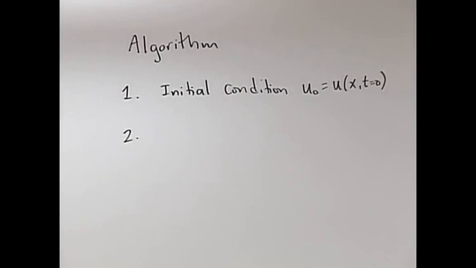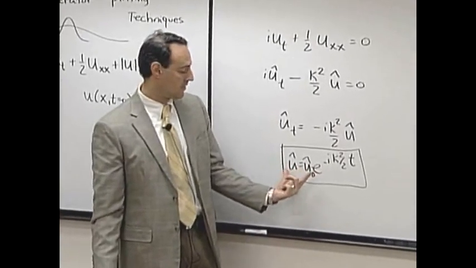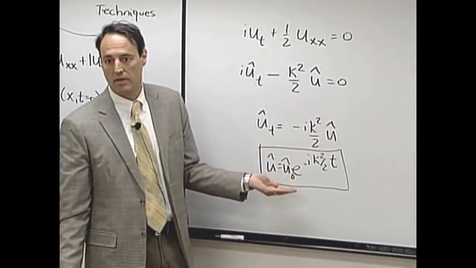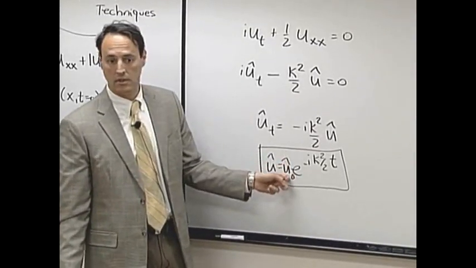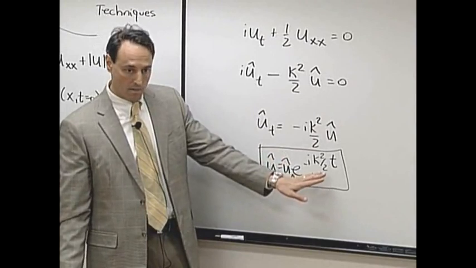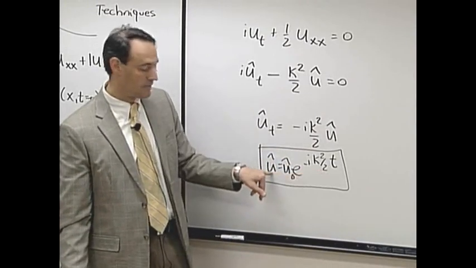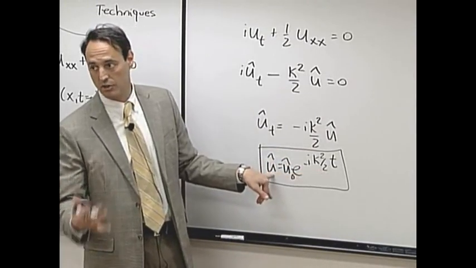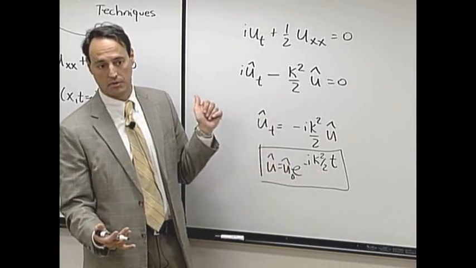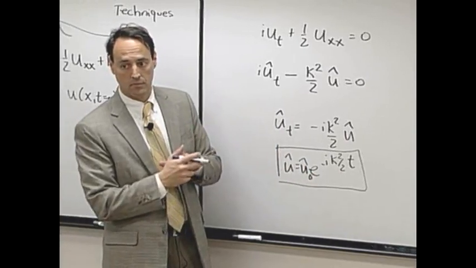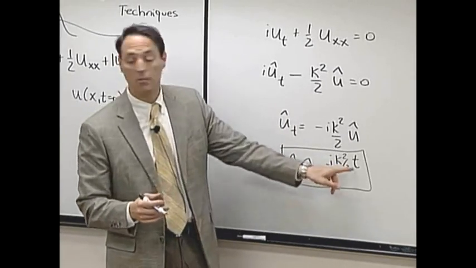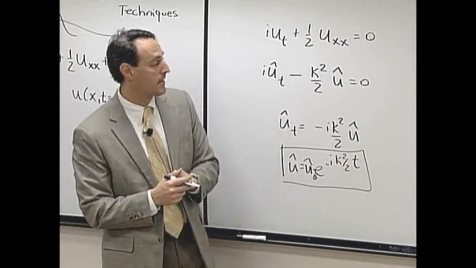Okay? Step 2, then. Let's come back and see what this says to us. This just says, okay, I need to take a delta t forward here. And what I'll do is, here's my formula. This is exact, right? All I got to do is take my initial condition, Fourier transform it, multiply it by this factor. That gives me u hat, and I want u, which is just the inverse Fourier transform of it. So, yes, and that would be a delta t, exactly. Okay?